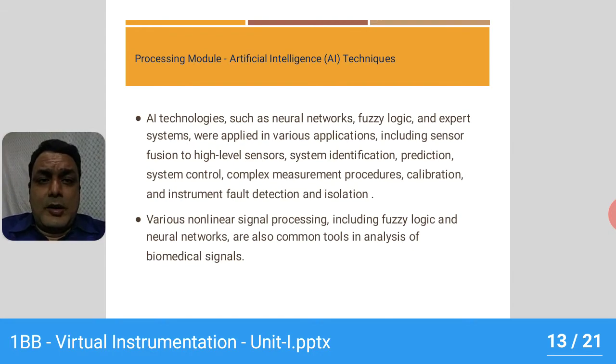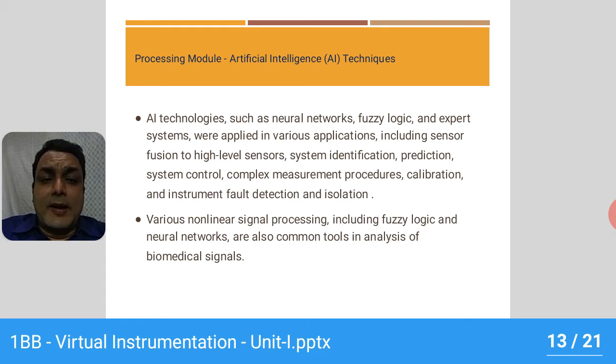The next processing module technique is artificial intelligence, referred to as AI techniques. Artificial intelligence technologies are used where complex systems are to be handled and decisions are to be taken in real-time control mechanisms, such as neural networks, fuzzy logic, and expert systems.